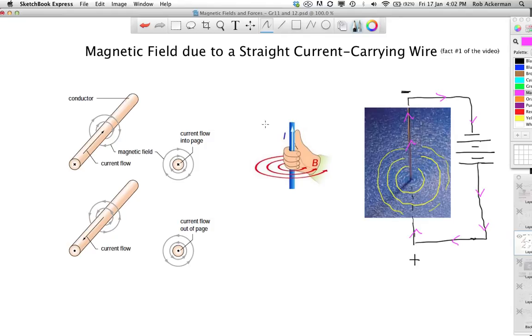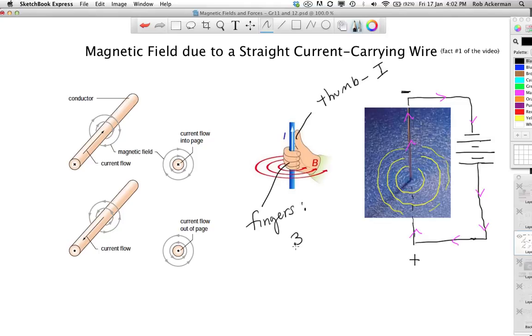This diagram here shows you how to figure it out. This is a diagram of someone's right hand, and what he's done is he's pointed his thumb in the direction of the current. So the first thing to realize is that if you take your right hand and you make the thumb in the current direction, then the fingers will go in the direction of the magnetic field.